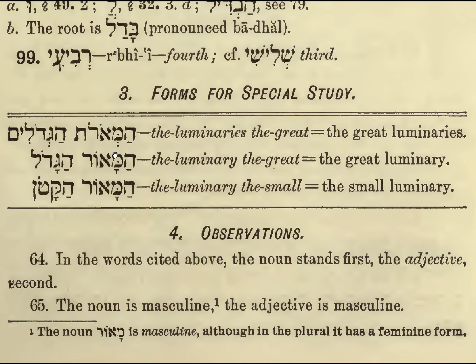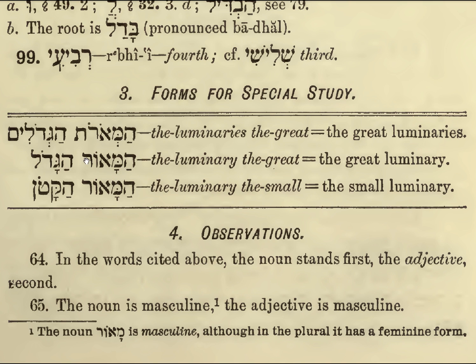Ham me'orot hag gedolim. The great lights, the great things that give light. Ham me'orot hag gedolim. Ham ma'or hag gadol. The great thing that gives light, the great luminary.